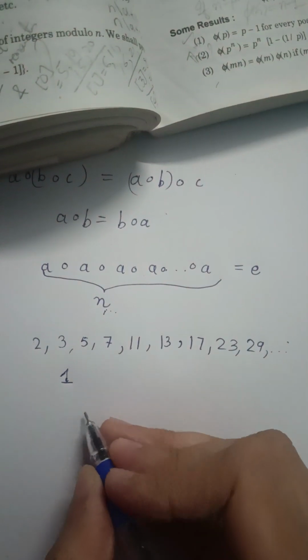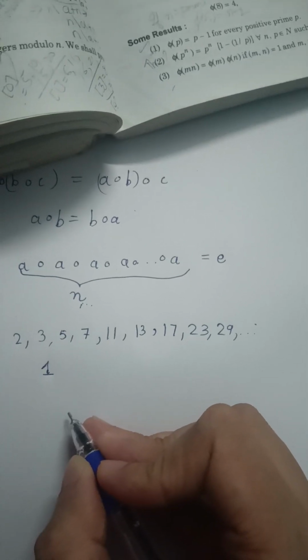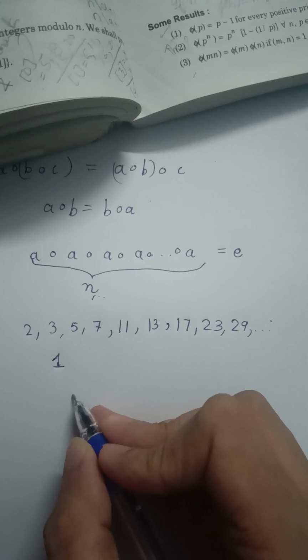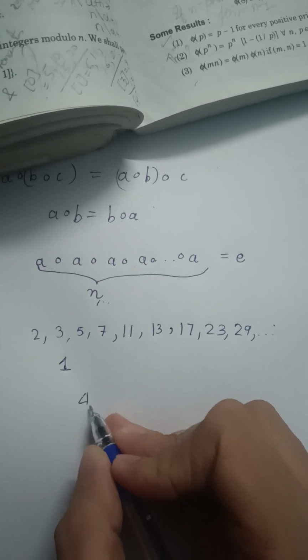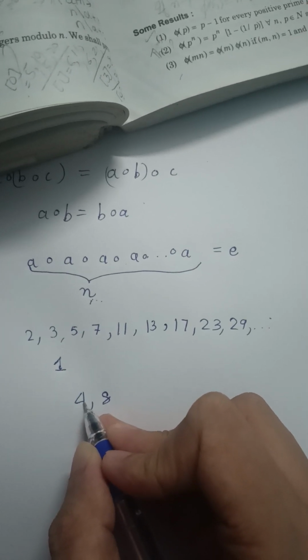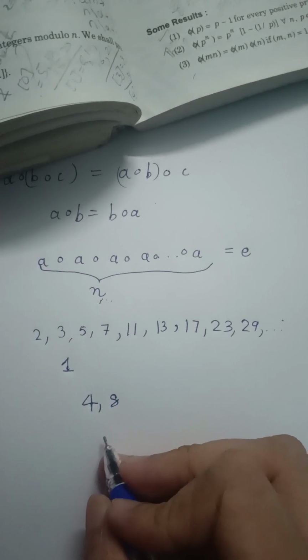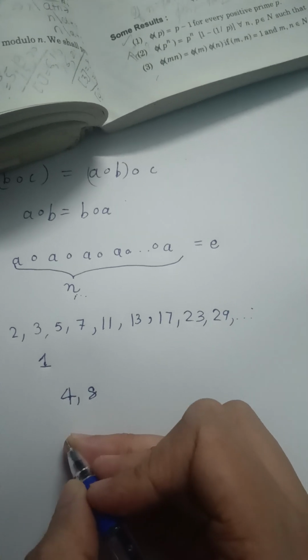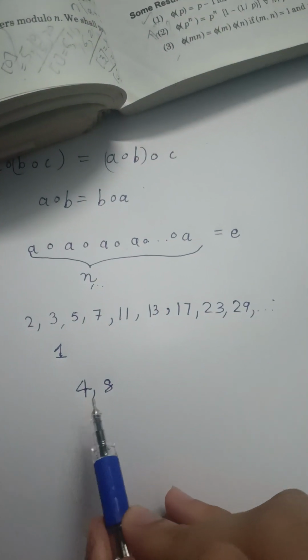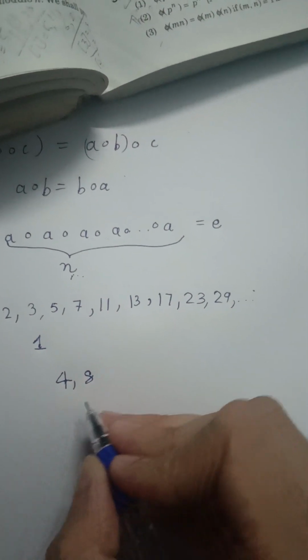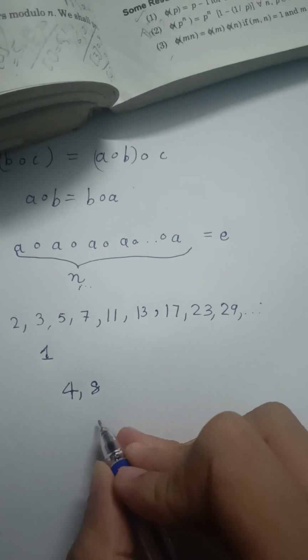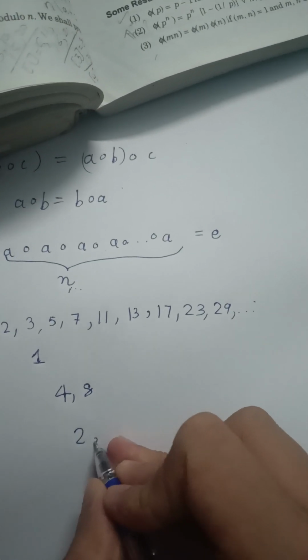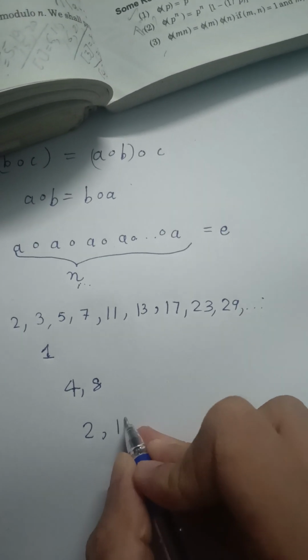But what is relatively prime? Relatively prime numbers are also known as co-prime numbers. Suppose we take numbers 4 and 8. They have common factors of 2 and 4 also. 2 will divide both of them, 4 will also divide them, 1 will also divide them. But what about 2 and 11?